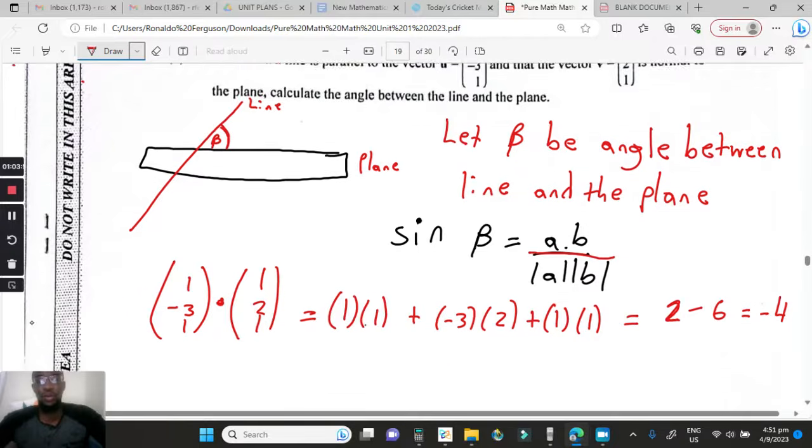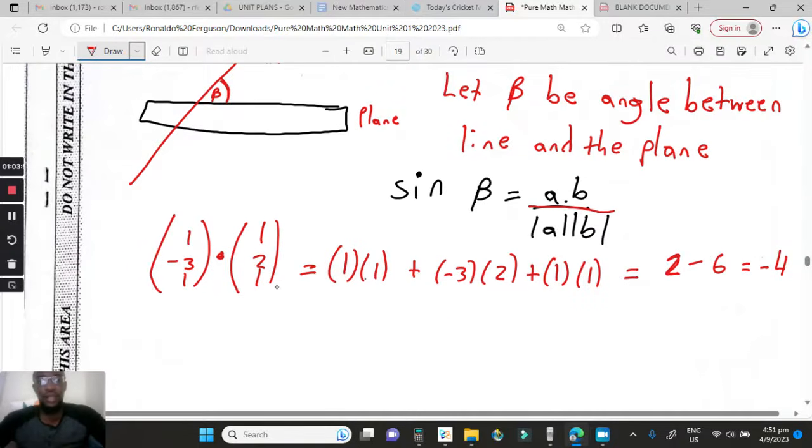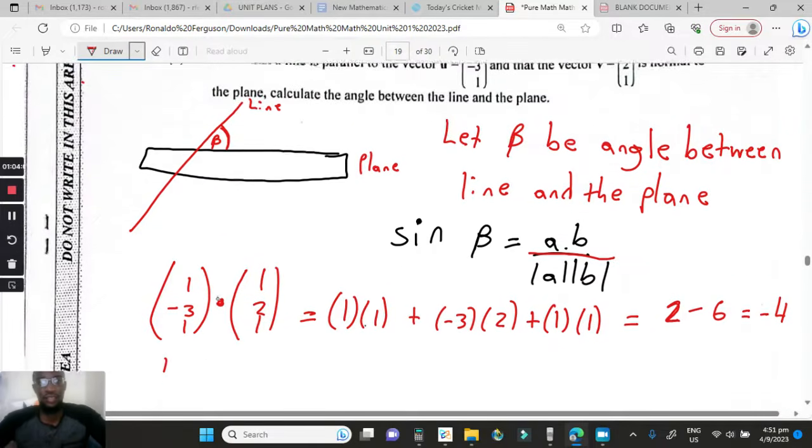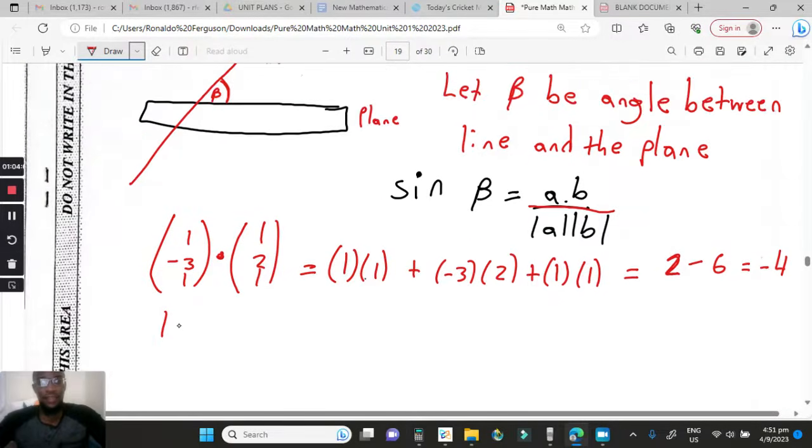Now we're going to work out the magnitude of A, the magnitude of the direction. I'll just call it A since I started with A. Square root of 1 squared plus negative 3 squared plus 1 squared: 9 plus 1 plus 1 is 11.